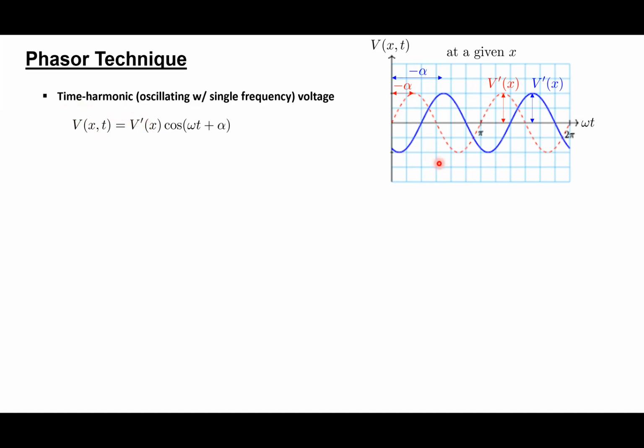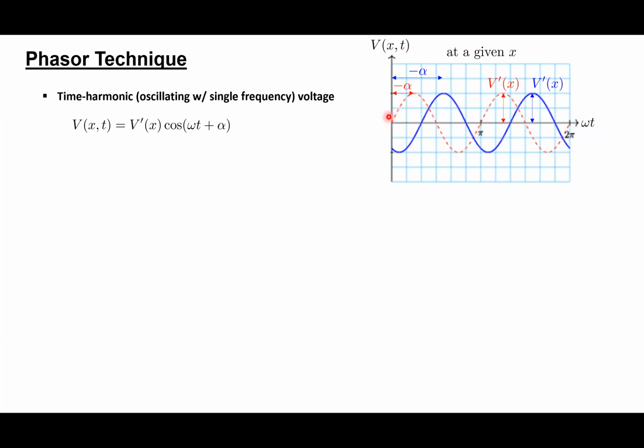If you look at the figure on the right, there are two examples of time harmonic voltage, and let's look into the red dashed curve over omega t, just the time. You can see that it behaves like a sine or a cosine, which are called trigonometric functions, and also it is called time harmonic.